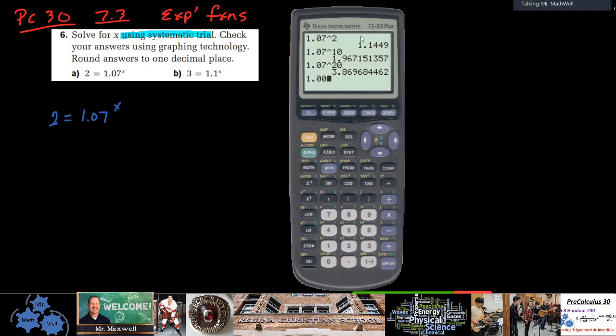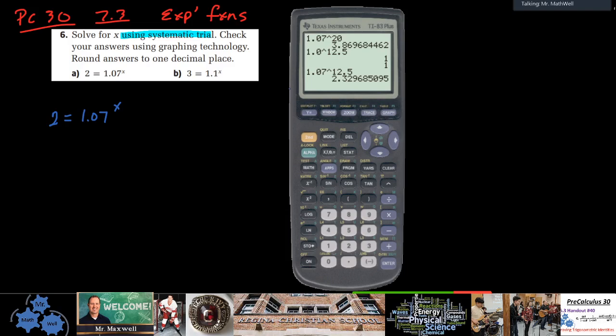So you could go 1.07 to the power of, I'm just guessing here, 12.5. Missed the 7 there, didn't I? So you kind of get it. Let's go back and insert a 7 there and see what that does. So 2.3. Okay, so it's going to have to be less than that. So you just keep going and you center in on the value.